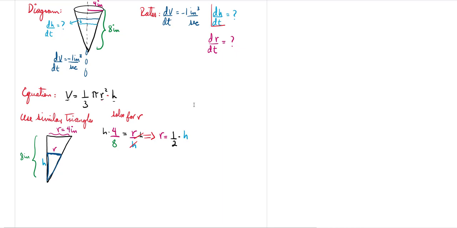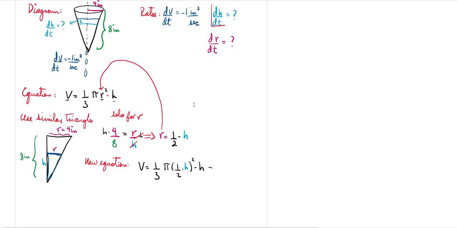Now, why is that so useful? Well, now that we know what r is, we can plug it directly into our volume equation. So our new equation is the following. The volume is equal to 1/3 pi times the radius, which we now know is 1/2 times h, squared, times h.